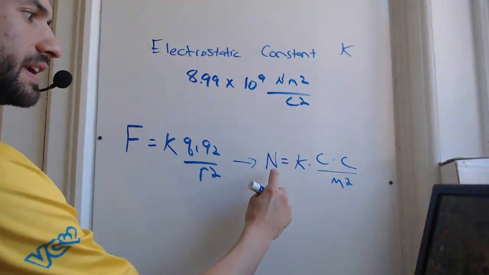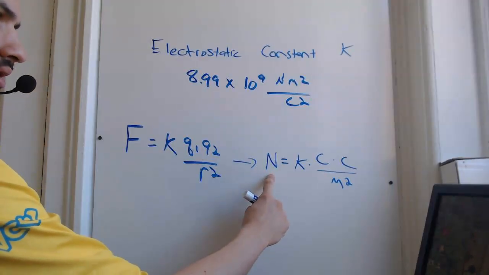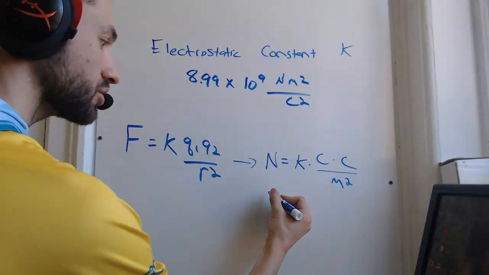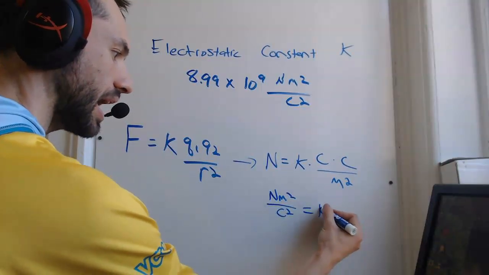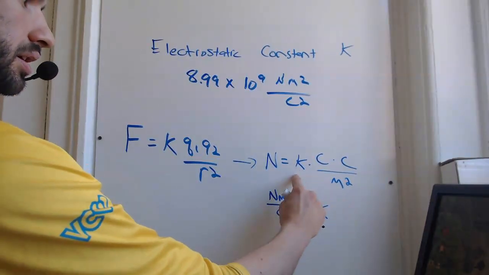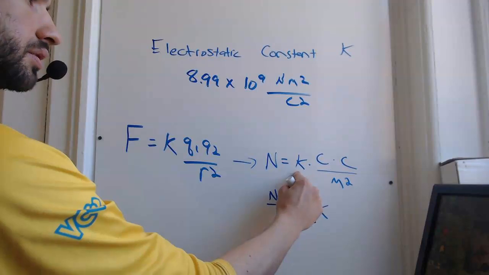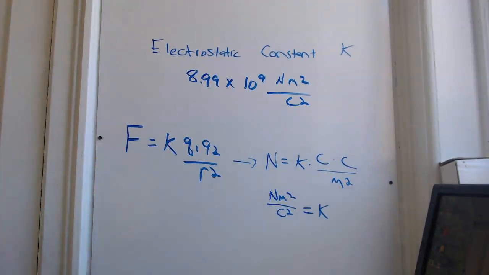So I need this to come out to just newtons. If I rearrange this, I find that newton meters squared per coulomb squared are the units of K. Because if I multiply meter squared times meter squared, they cancel. Coulomb squared times coulomb squared, they cancel, and I will be left with just newtons.